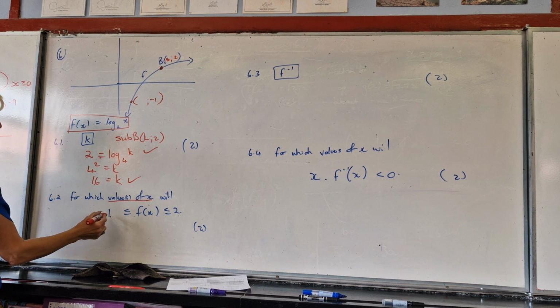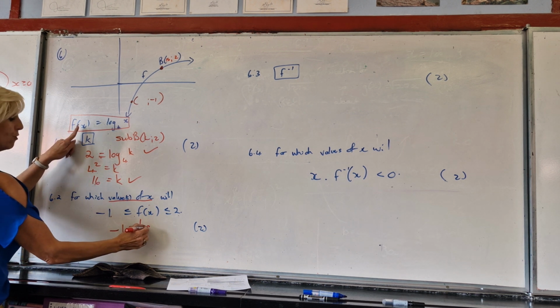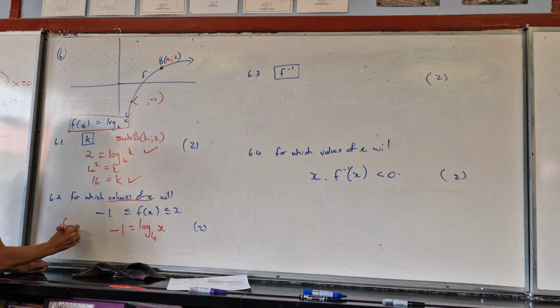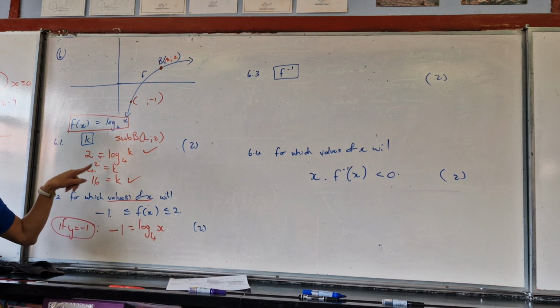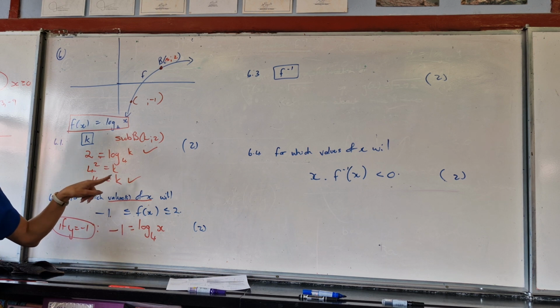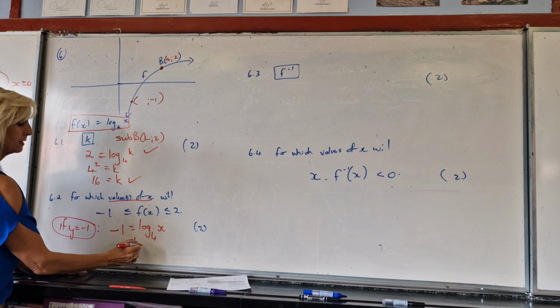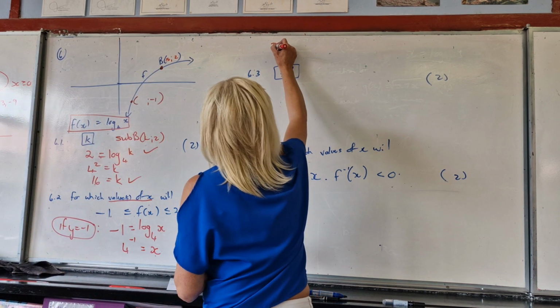So if my y value is -1 in my equation, then -1 is equal to log base 4 of x. What will be the x? So how would I go on about this? Again, the log definition, back to exponential. So we'll write 4 to the power of -1 is x, meaning that x is a quarter.